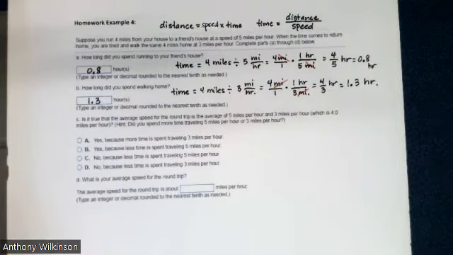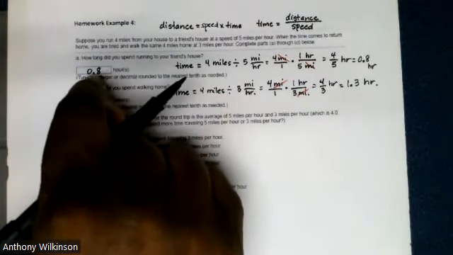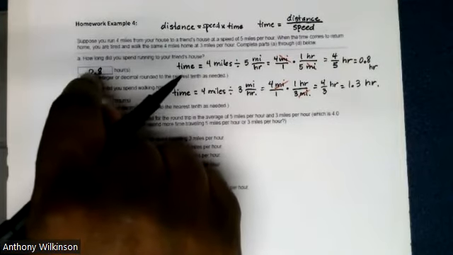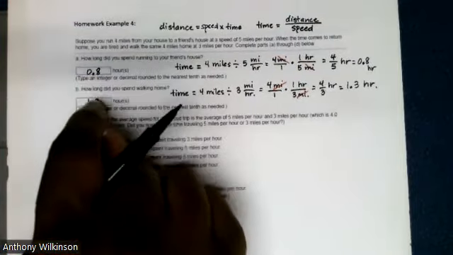All right. If you look at these times here, we see that this person spent less time running at 5 miles per hour than they did walking at 3 miles per hour.